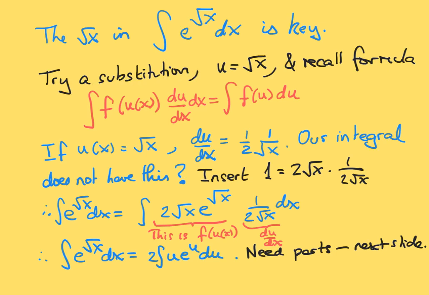We're going to try the substitution u is the square root of x, so u is a function of x, and we're going to recall the substitution formula, and I think it's very helpful in such cases to write the formula out explicitly.